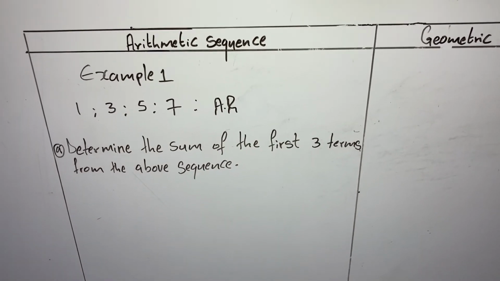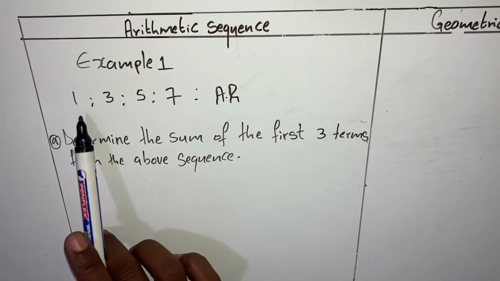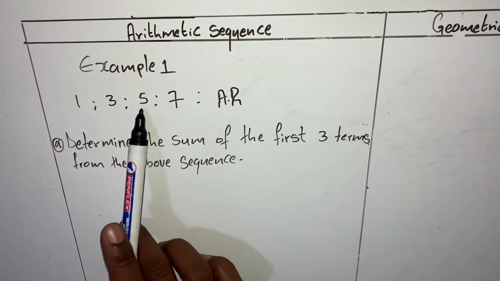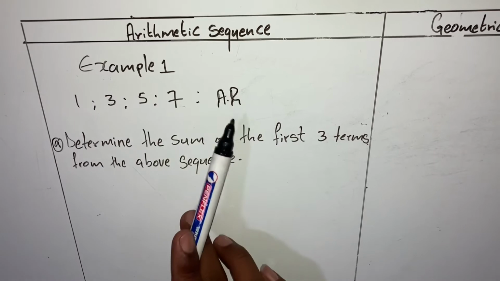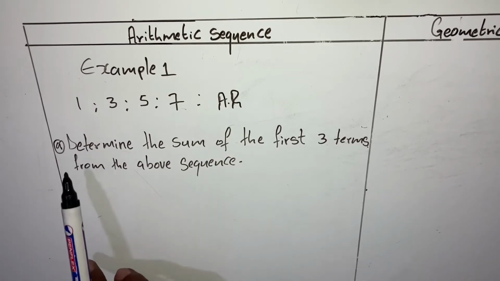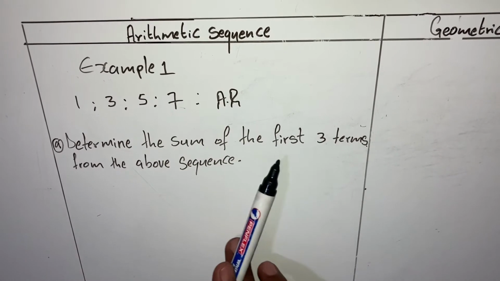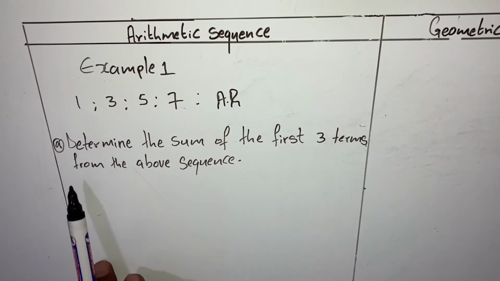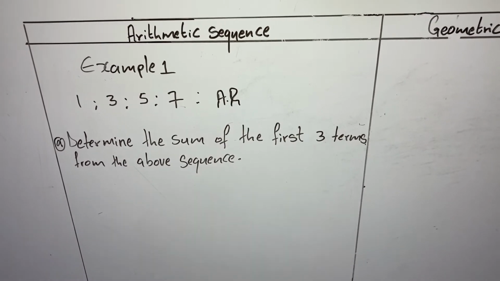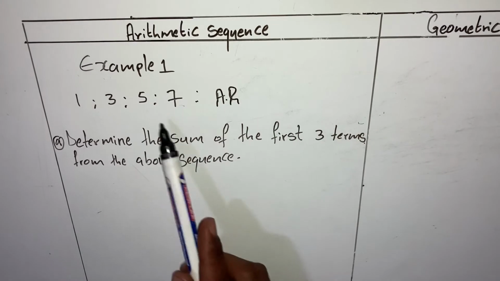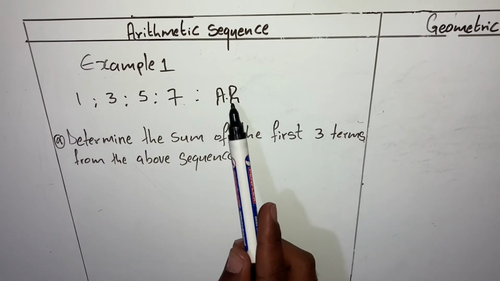So we are given 1, 3, 5, 7 as our arithmetic sequence, and the question is determine the sum of the first 3 terms from the above sequence. So now it's given that it is an arithmetic sequence.